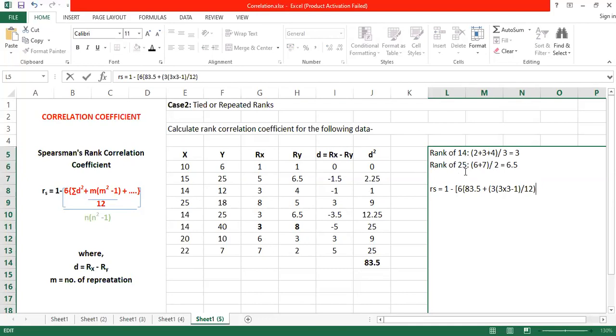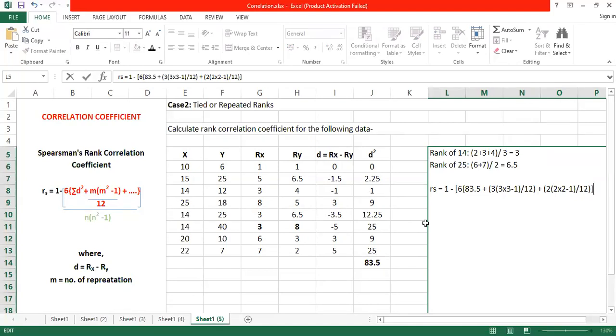Now, since we have another number which is repeating, we need to add one more. Now, the rank of 25 is repeating twice. That means the value of m is 2. 2 into 2 minus 1, and this is divided by 12.